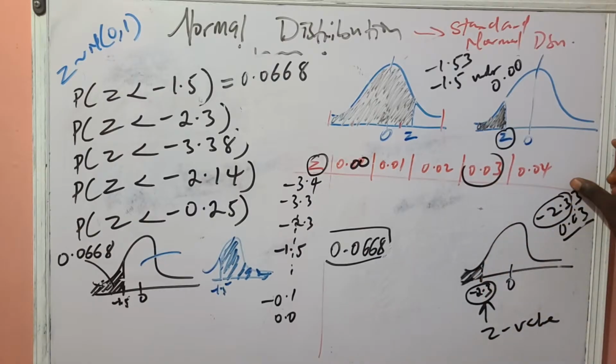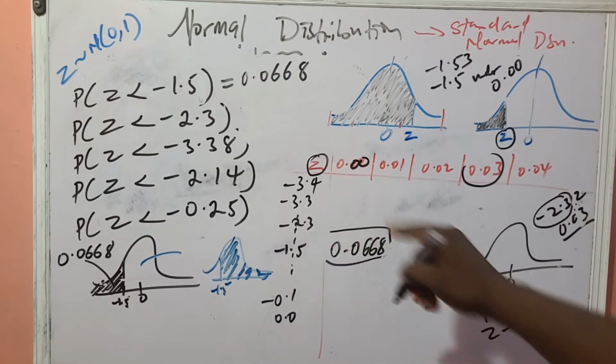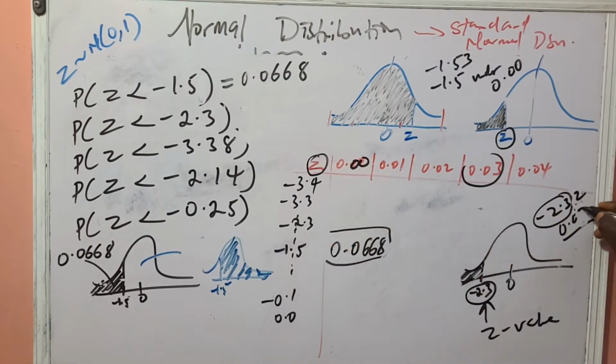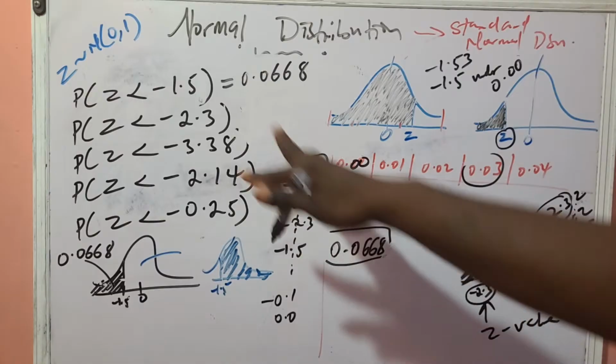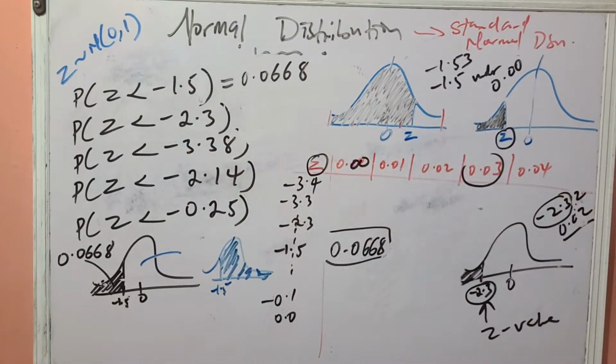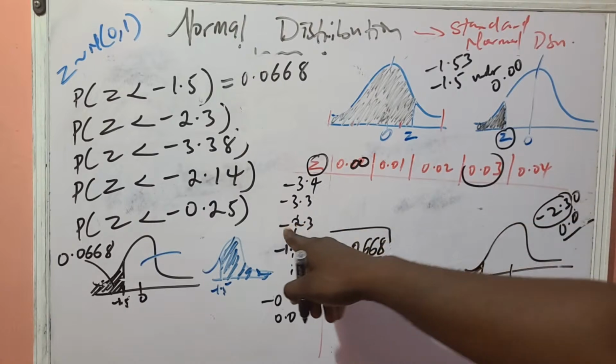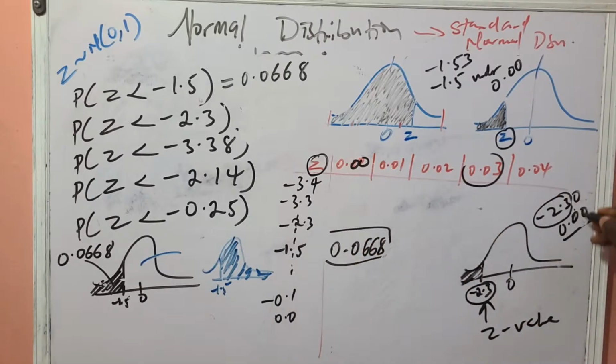If it was minus 2.32, you would look for minus 2.3 under 0.02. But in this case, it was just 2.3. Nothing was attached to it. So obviously, 2.3 is the same thing as 2.30. So you're looking for minus 2.3 under 0.00.